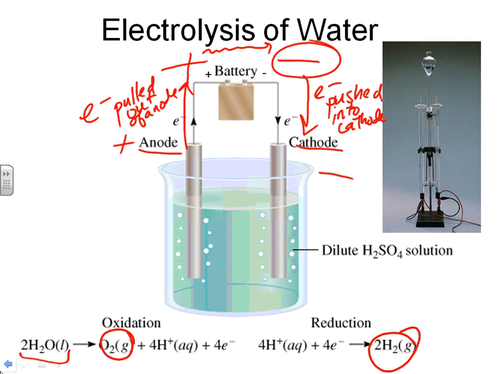Anode is still oxidation, you are still losing electrons at the anode. Cathode is still reduction, still gaining electrons at the cathode. Electrons are still moving from the anode to the cathode, but we have flipped the signs, and that's how we get this non-spontaneous electrolytic cell to work.